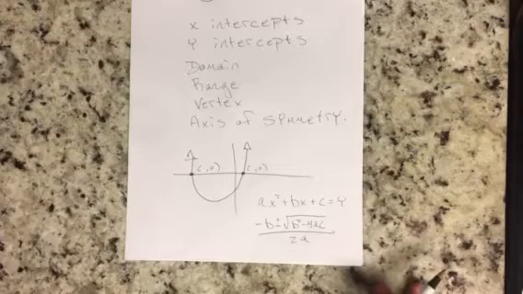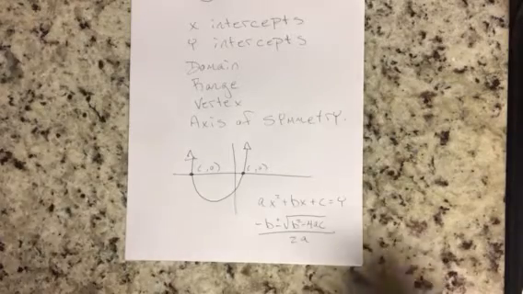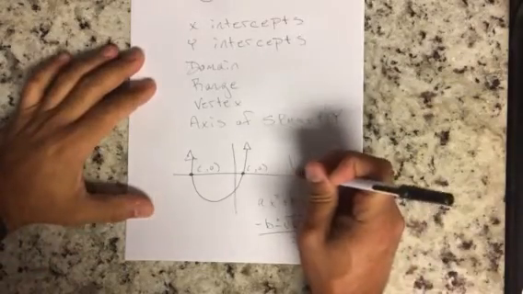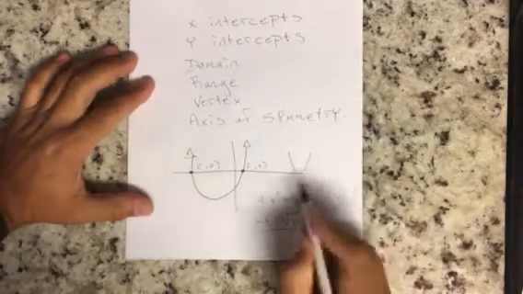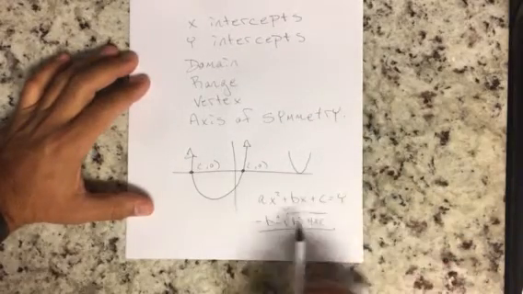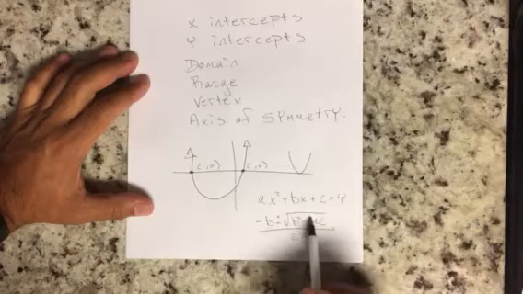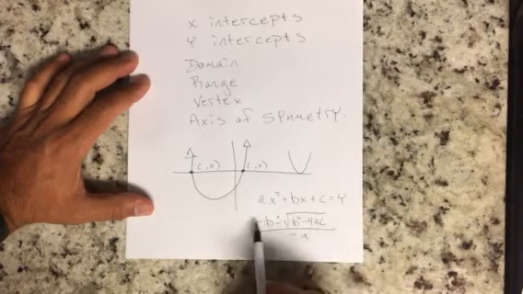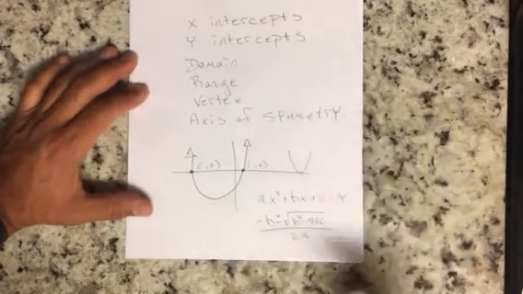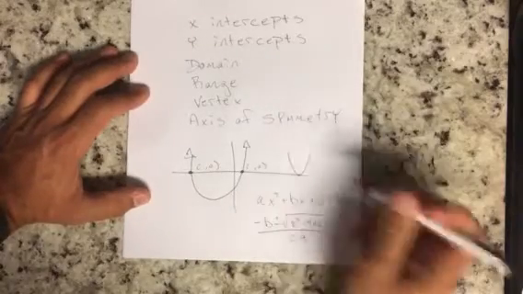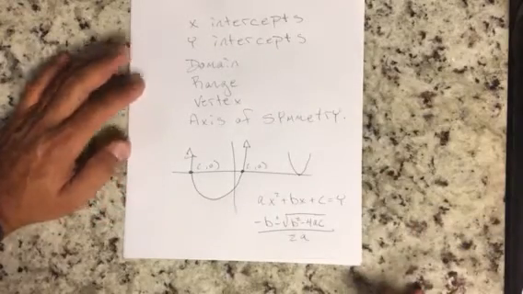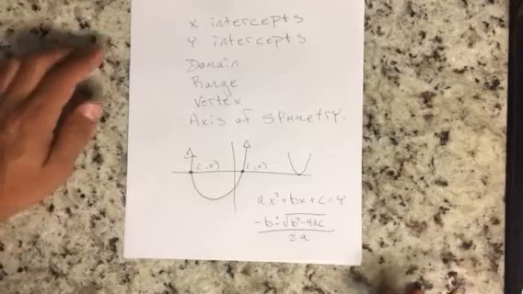The only time that it won't give you 2 x-intercepts is when your x-intercept is the vertex. So every once in a while, it will just give you one number, which means that this is going to be 0. So you're going to go negative b plus 0, negative b minus 0, which gives you the same number. That's because the vertex is the x-intercept, so it only hits the x-axis once.